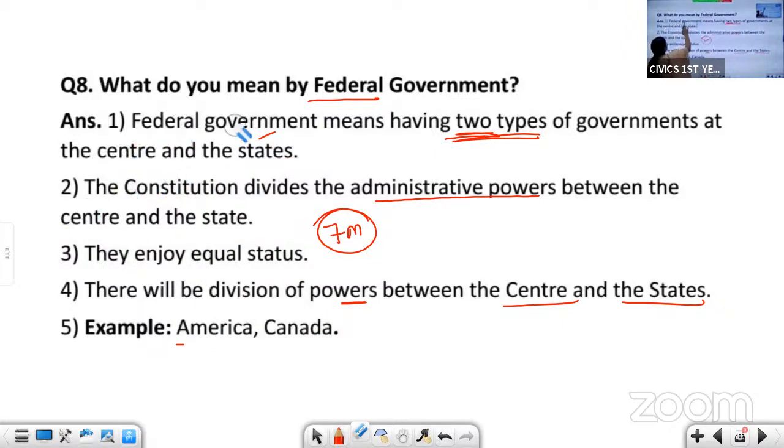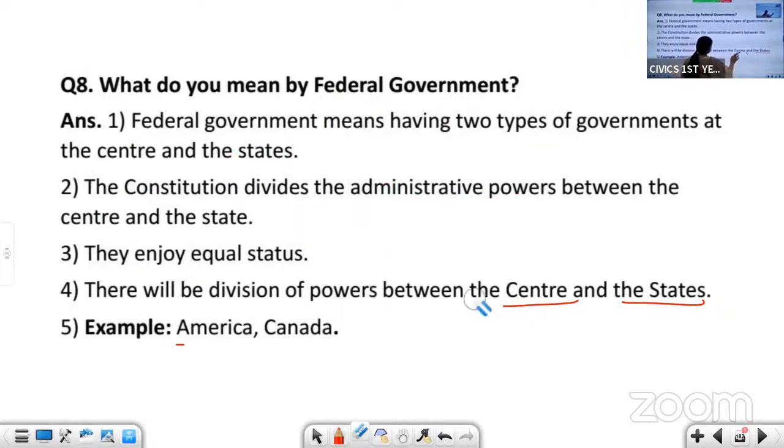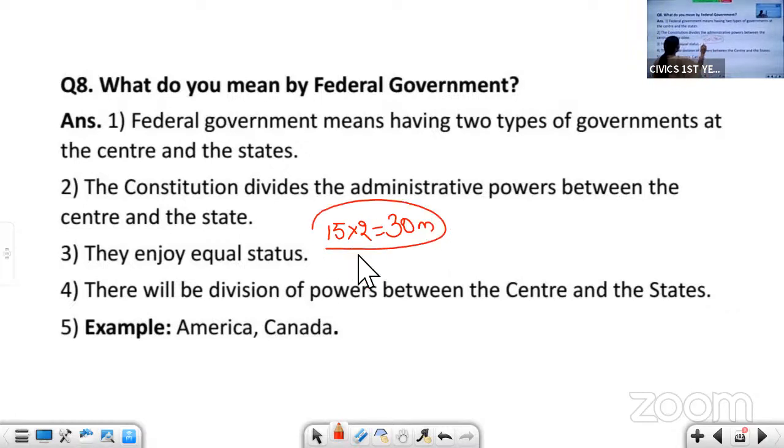I insist that you should focus more on the VSAQ questions, because you will have to answer 15 questions of 2 marks each. You can easily score 30 marks if you write them perfectly, without mistakes, in good handwriting and with good presentation. You will not lose marks here.